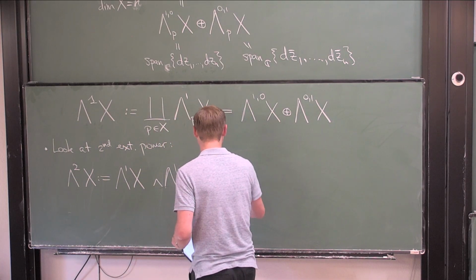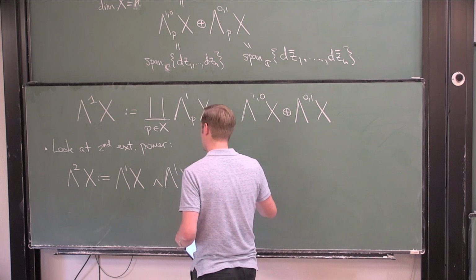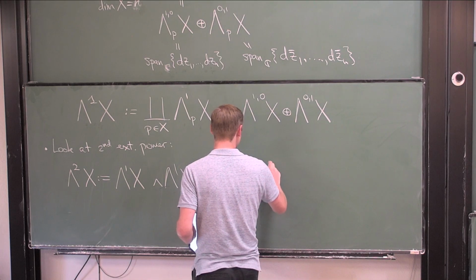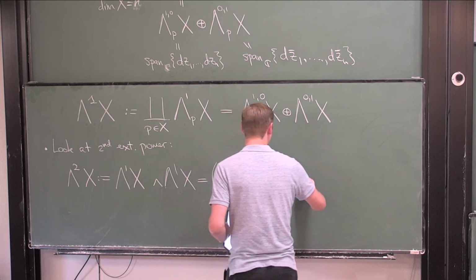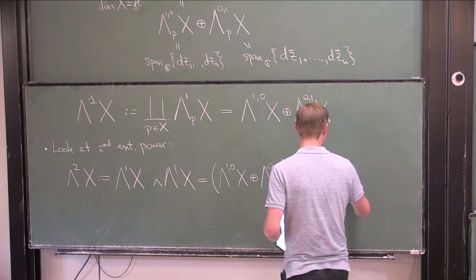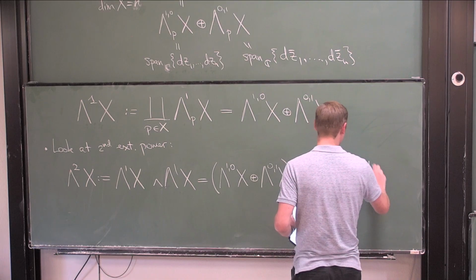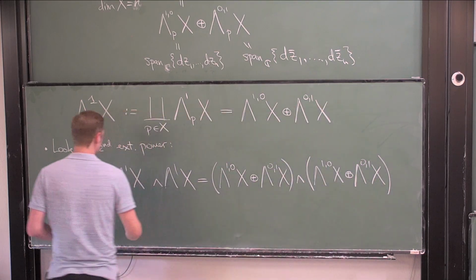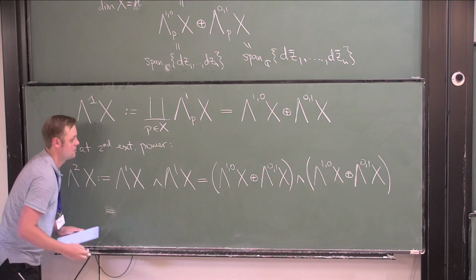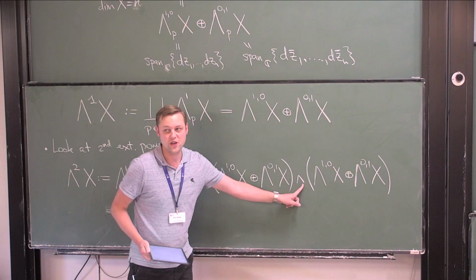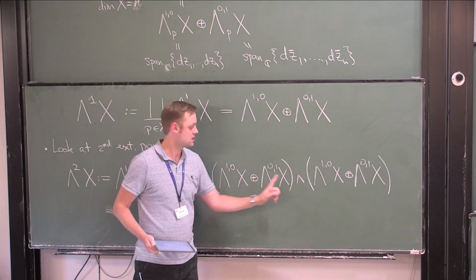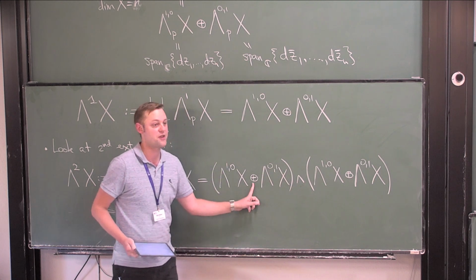So if I write this decomposition, lambda 1,0 of x direct sum lambda 0,1 of x, wedge the same thing, lambda 1,0 of x direct sum lambda 0,1 of x. Because this is an exterior product and the direct sum is fiber by fiber, this is just the exterior product of vector spaces and direct sums of vector spaces.